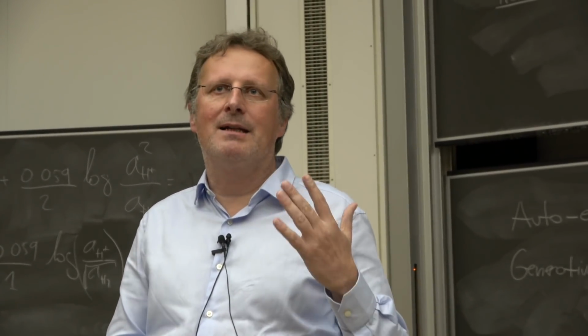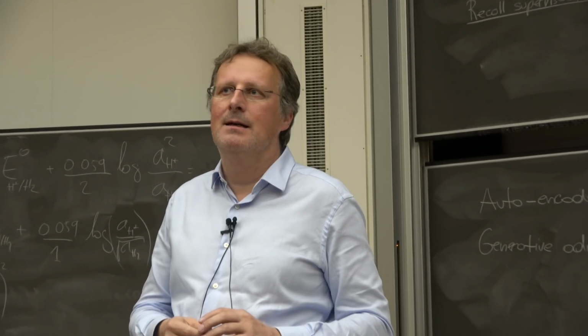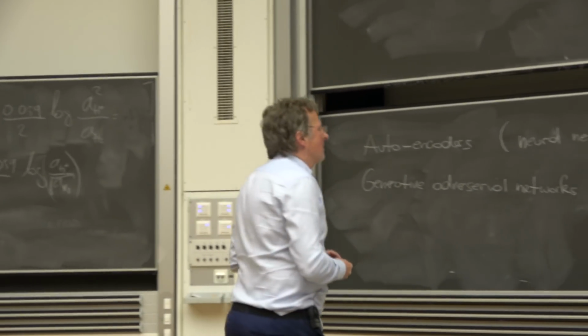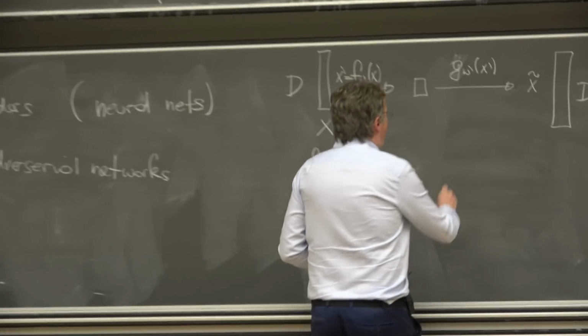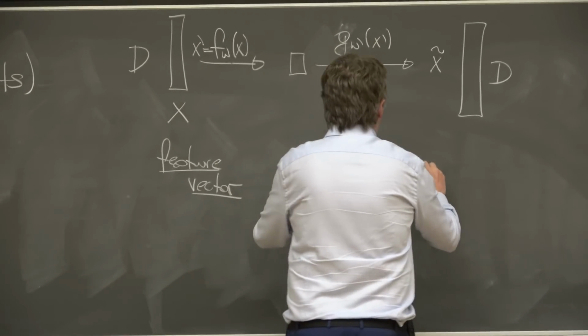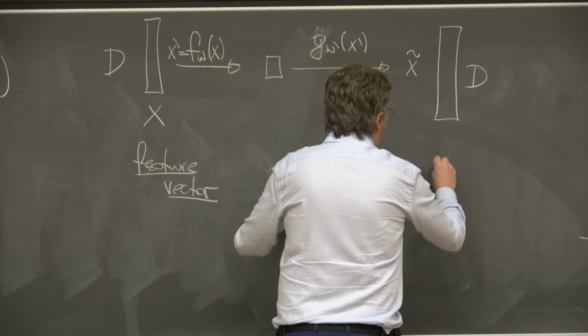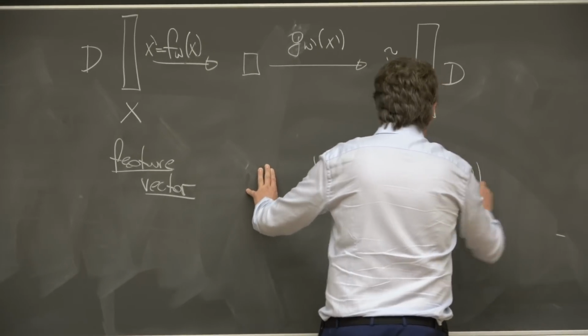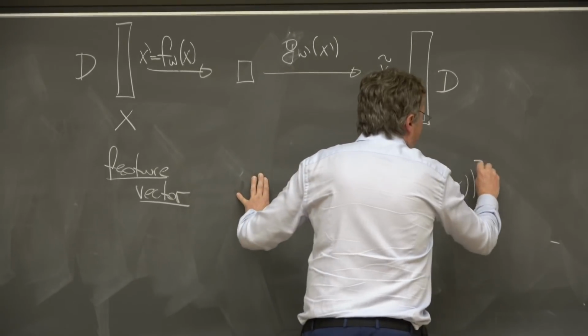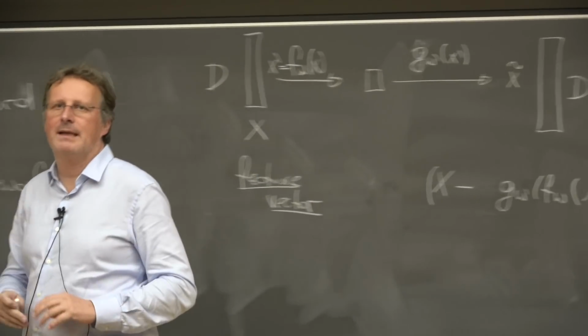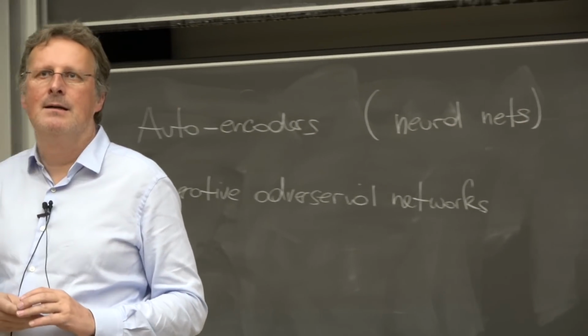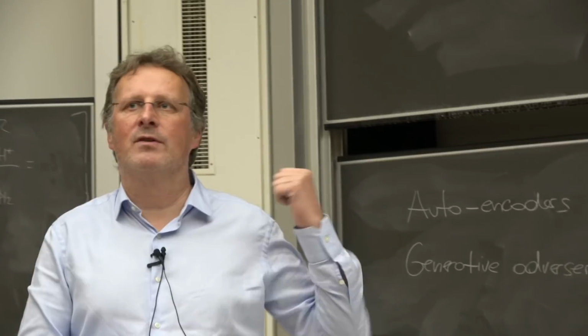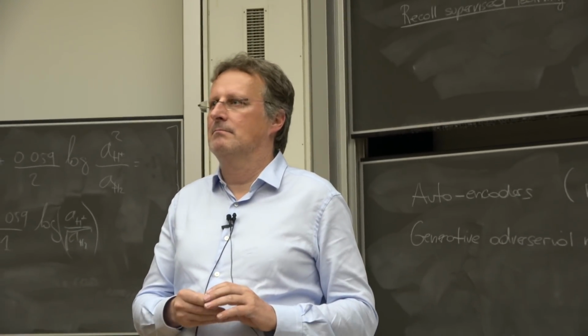And let's assume it happened that for the data that you give me, if I'm looking at the composition, x minus g double prime of f prime of fw of x, and maybe I'm looking at the squared norm or any other norm that is interesting, this is small for the data that you give me.